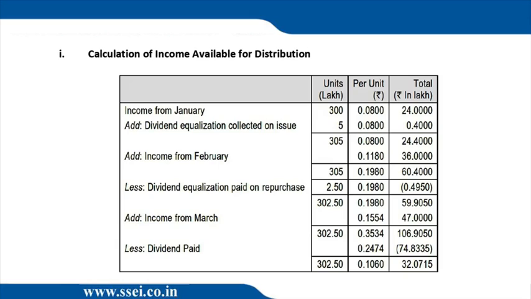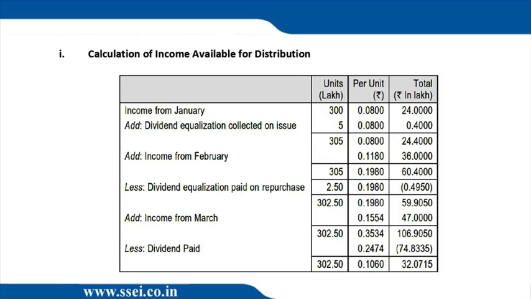Income available for distribution is 106.905 lakhs. So they've calculated last, we have 302.5 on which dividend equalization is 0.106 and 32.0715. But I think the answer is 106.905. It's quite surprising that they have not highlighted the answer, because the question was income available for distribution. It should be 106.905.